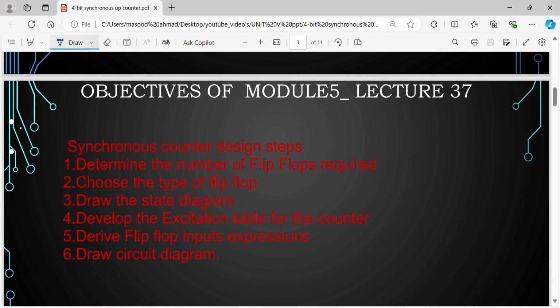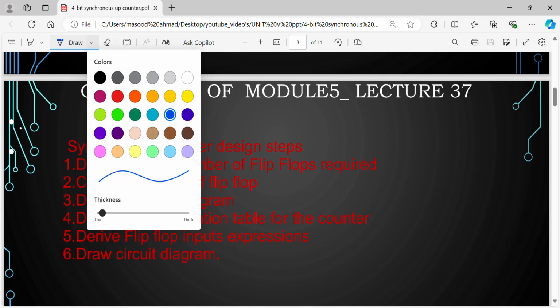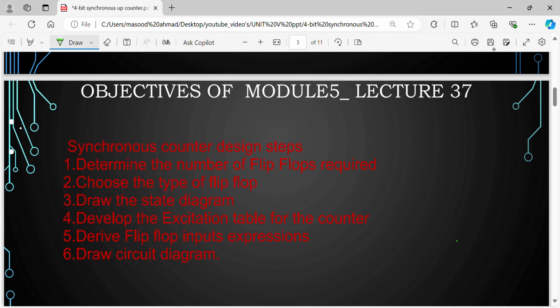Step 1 says to find the number of flip-flops required. Directly it is known. A 4-bit synchronous up counter is nothing but a modulo-16 operation, so capital N is equal to 16. 2 power n should be greater than or equal to N. So 2 power n is greater than or equal to 16.